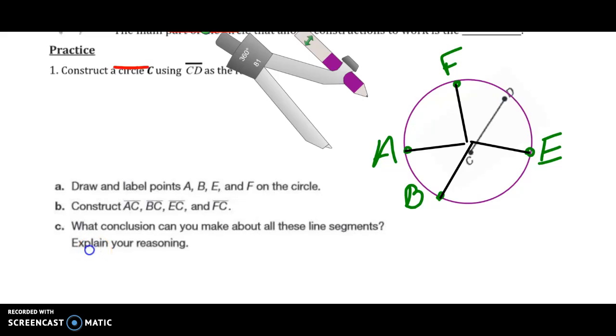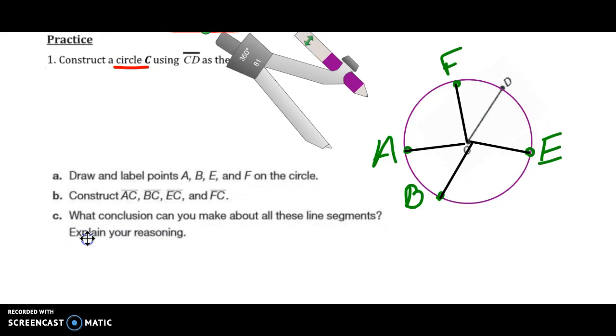They are congruent, or equal in length to one another.